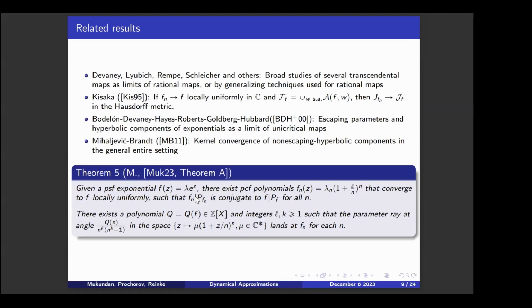You can also figure out, just by using the formula for lambda and the combinatorics of f, where these polynomials are going to live in the space of degree n polynomials. For example, if you fix any particular n and look at this space of polynomials, z maps to mu times (1 plus z over n) to the n, then in the space of polynomials you have these things called parameter arrays, which give some sort of location for PSF maps within that space.